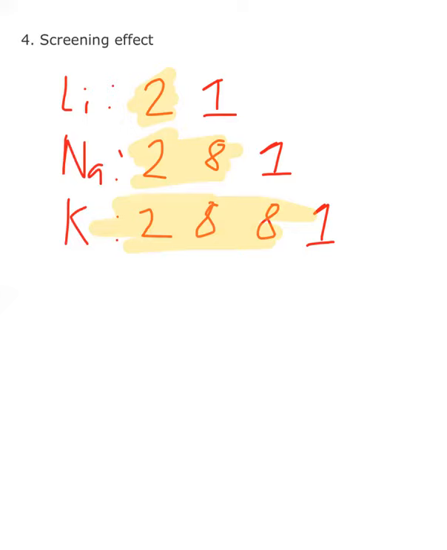Also, in these 3 atoms, lithium has 3 protons, sodium has 11 protons, and potassium has 19 protons. So the difference between the number of protons and screening electrons is 3 minus 2, that is 1. Here it's 11 minus 10, that is again 1. And here 19 minus 18, that is again 1.